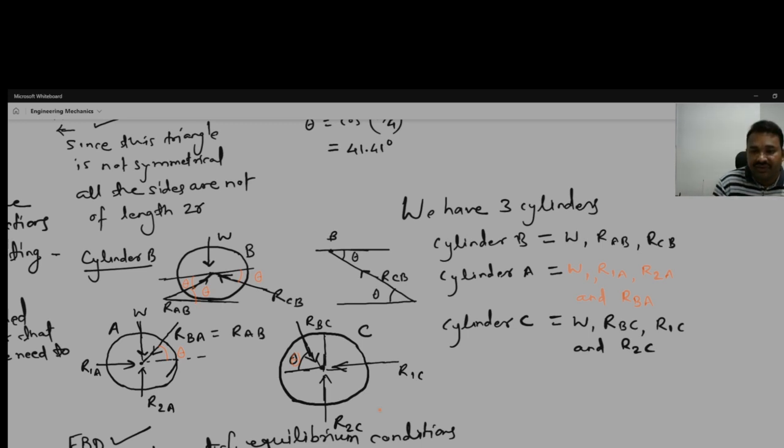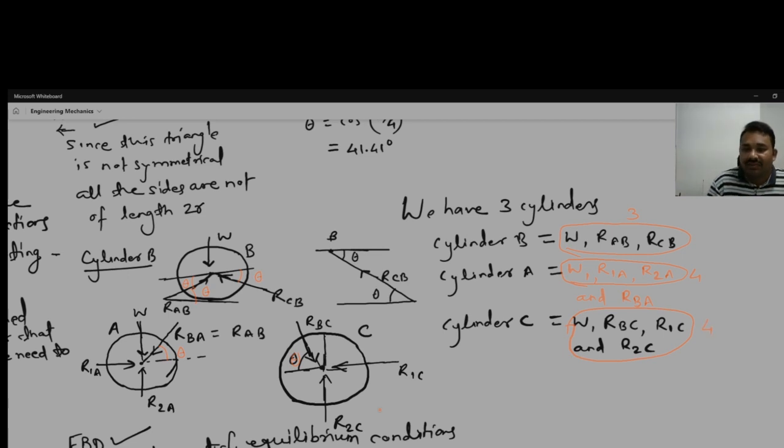So how many forces in cylinder B? Three forces. What about in cylinder A? Four forces. Cylinder C, again four forces.